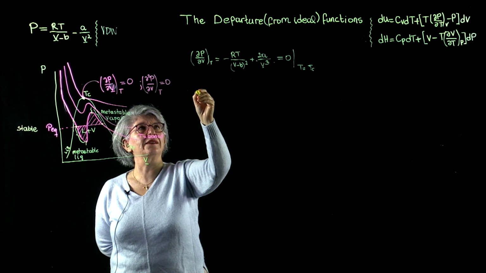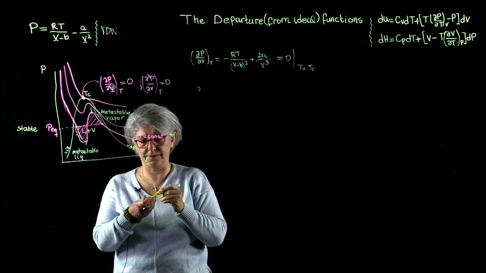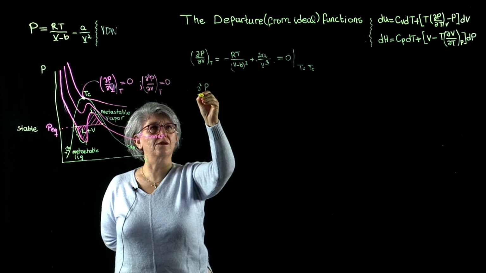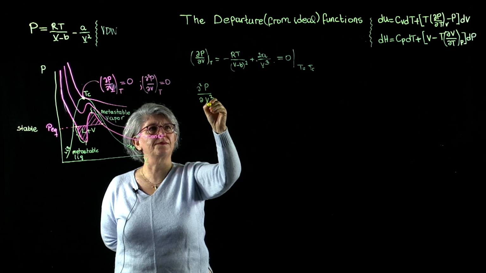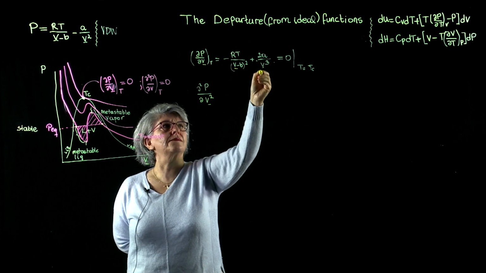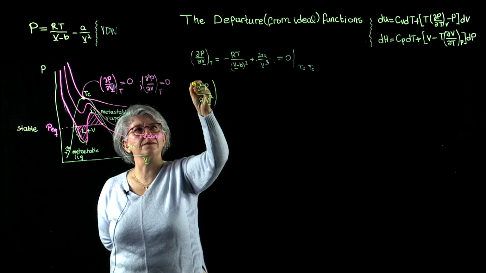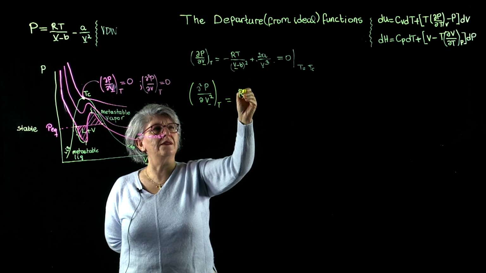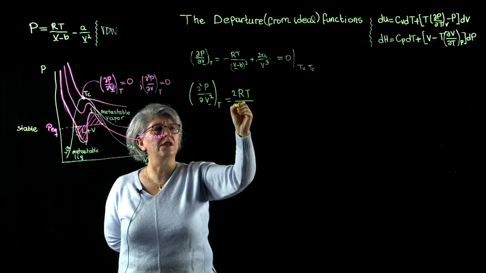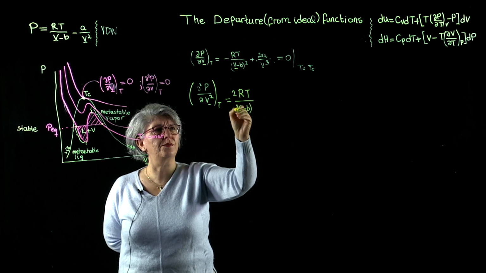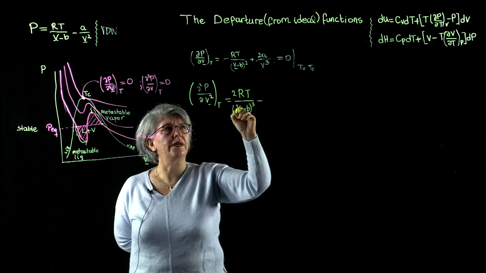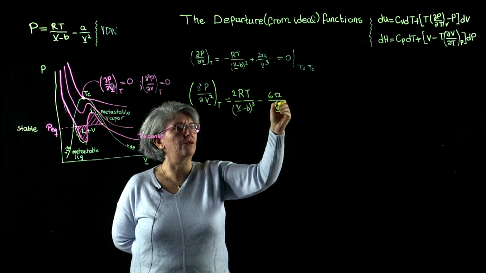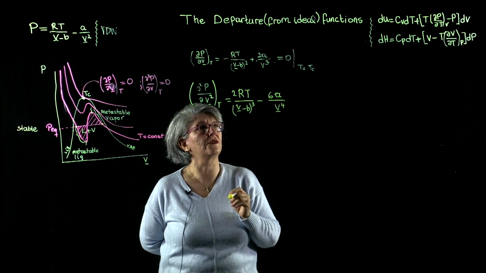The second derivative, del square P over del V square at constant T, is going to be 2RT over V minus B cube minus 6A over V to the power 4.